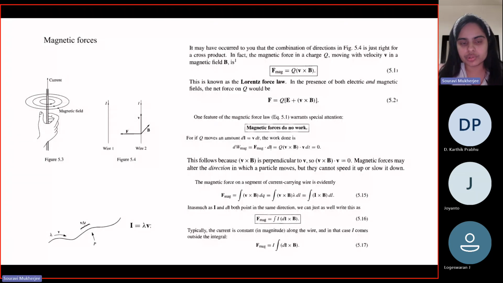So this led to the idea that when you have charges moving in a field, they experience some force, and that gave rise to the idea of magnetic forces. When you have a charge in an electric field, the force is given as Q into E. And when you have a moving charge in the presence of a magnetic field, you have a magnetic force given as Q into V cross B. These two forces together give us the Lorentz force.